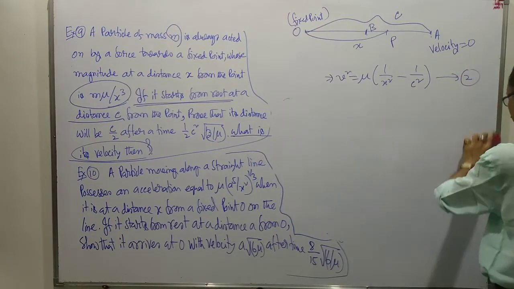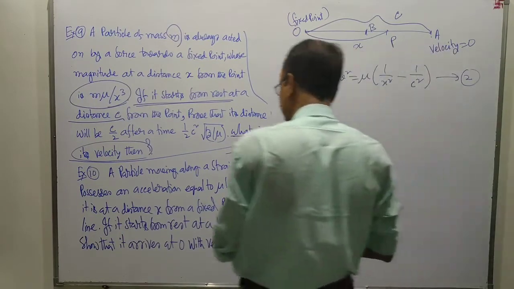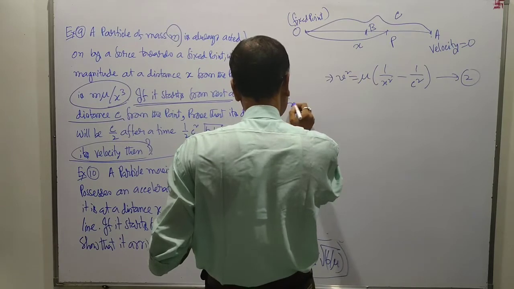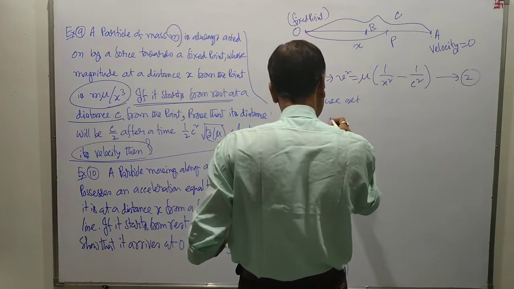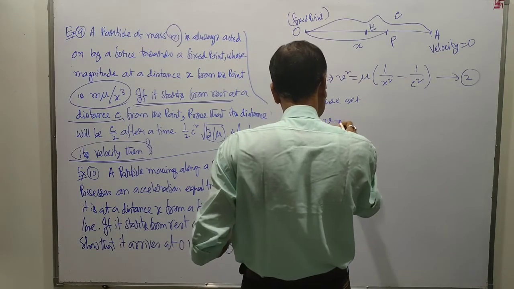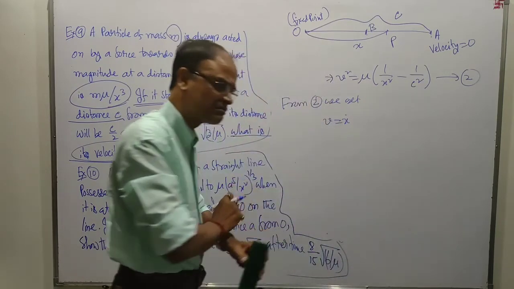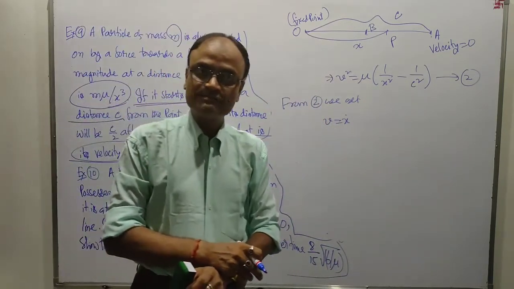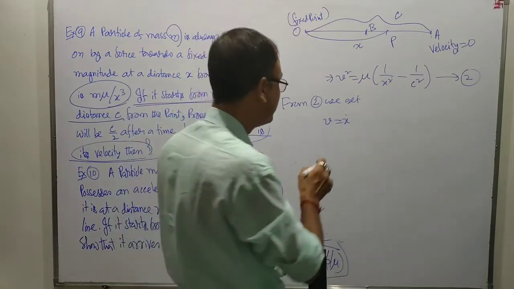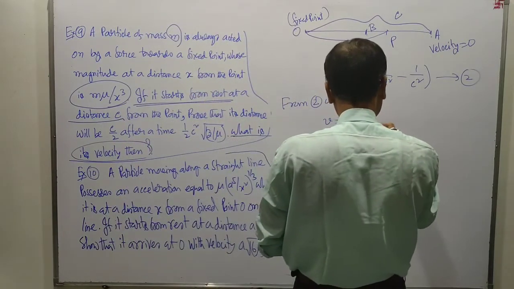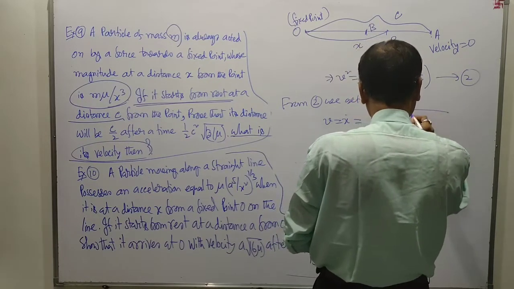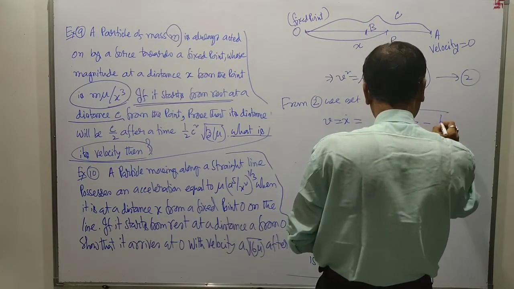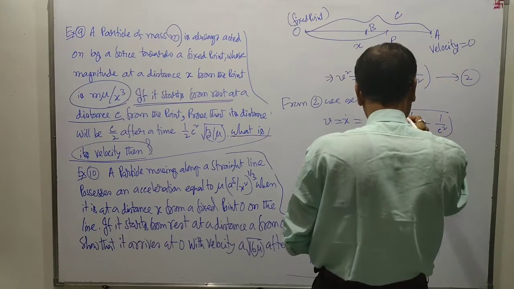Now from 2 we get V. This stands for x dot. V means x dot, velocity. This is equal to root over mu, root over 1 by x square minus 1 by c square.